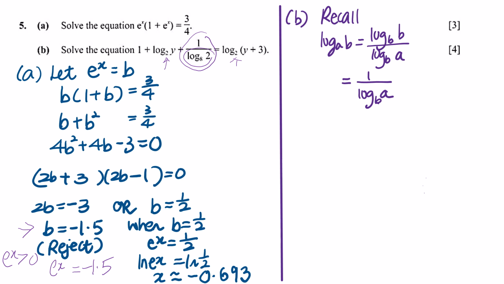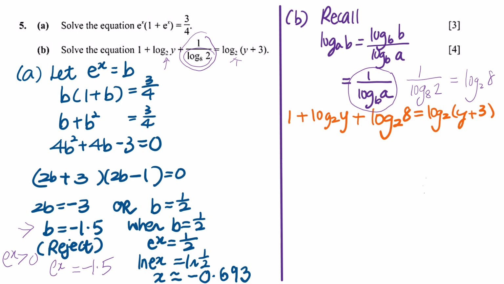So therefore, 1 over log base 8 of 2, if you compare with what I have here, b is 8, a is 2, and this will give you log base 2 of 8. You just interchanged the numbers. And this is exactly what we're going to do.